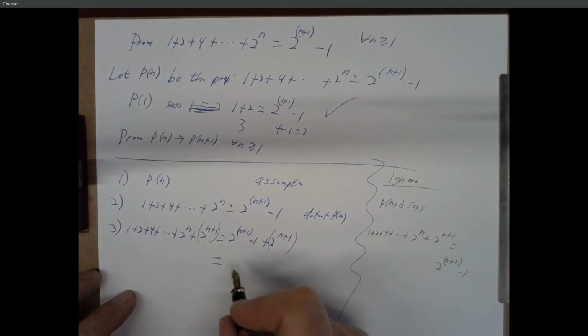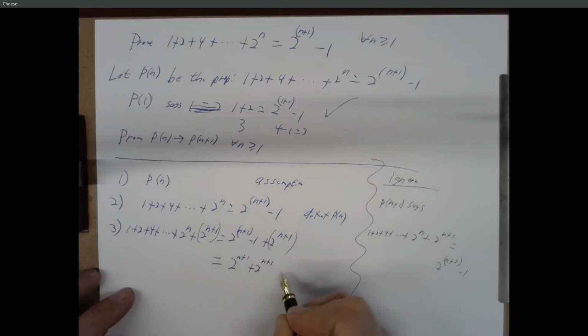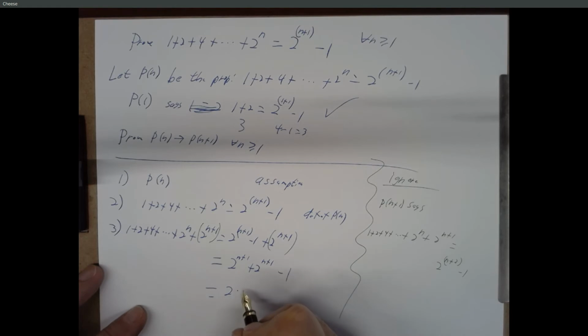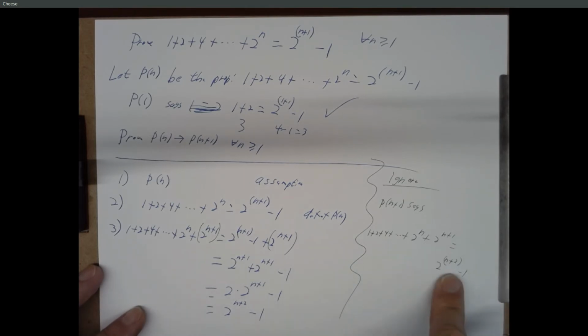Yeah, I've got 2 to the n plus 1 plus 2 to the n plus 1 minus 1. I just changed the order of these things. But something added to itself is just that thing multiplied by 2. And 2 to the n plus 1 times 2 is 2 to the n plus 2. And hey, that's exactly what we were trying to show.